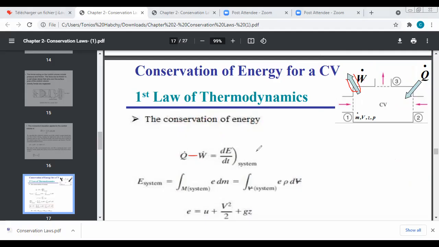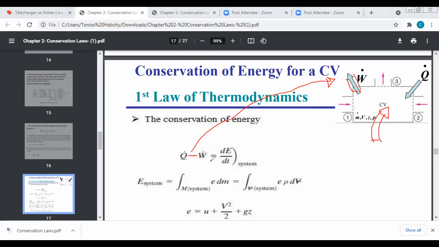This is why we put a minus: the rate of work is positive when produced by the system, while if I put work on the system, I will consider it negative. So this is a convention.